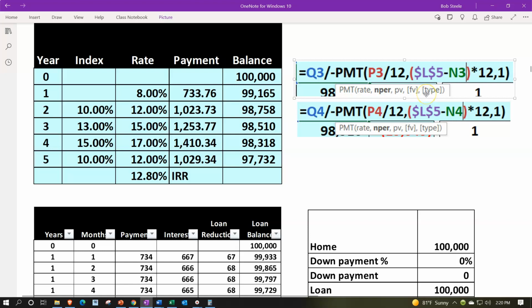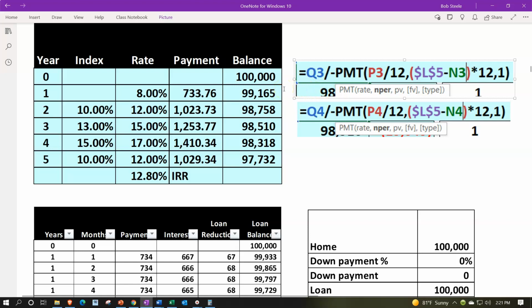We made it absolute because it's outside of the data set. And then minus 1 being that 1 right here. That 1's going to copy down all the time. So it's the 30, the years, minus this year that we're currently in. So we're at 29 years, multiplied times 12 to get the number of months. And then comma, on the present value, instead of taking the loan balance, we're going to take 1. So we're kind of backing in to the loan balance with this formula. That would give us then the 99,165.